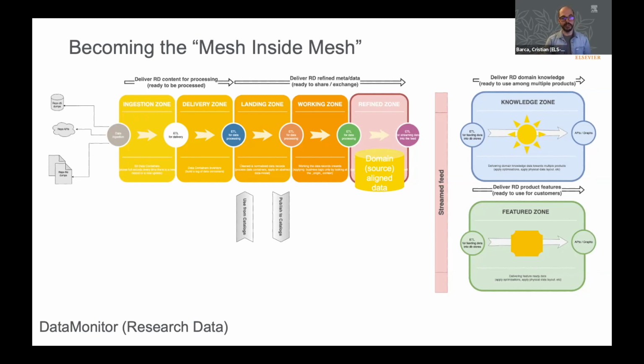And once we have it, then we can repurpose or view this domain aligned data differently, to have other products use this domain by simply tapping into the knowledge inside of it, or literally building some data features on top of it.